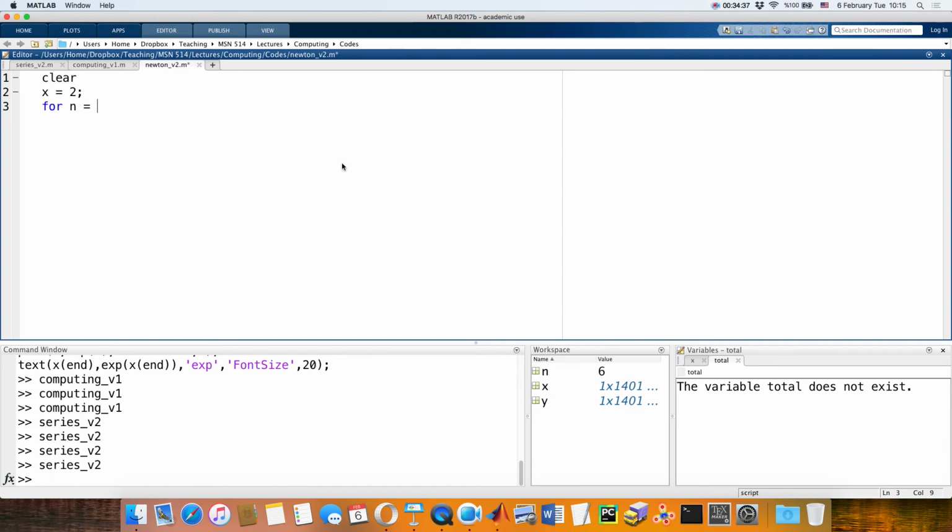And for n equals 1 to 10, let's make 10 iterations. Let's go from 1 to 10 and write down x(n+1) is equal to x(n) minus that function, right? x cubed minus 1.